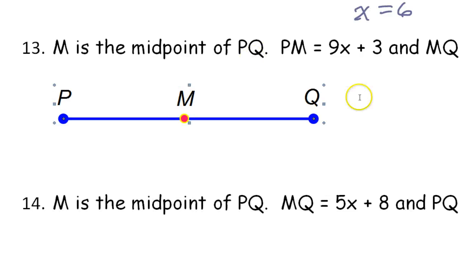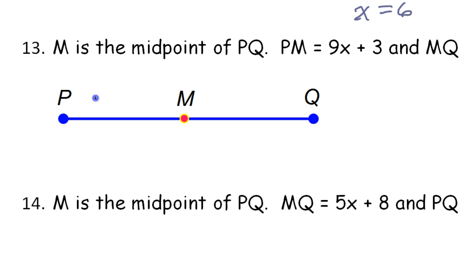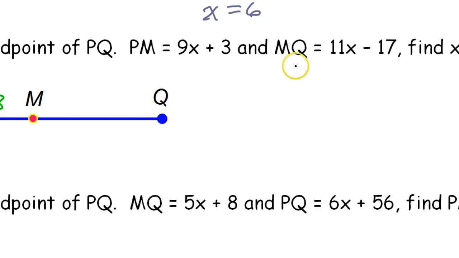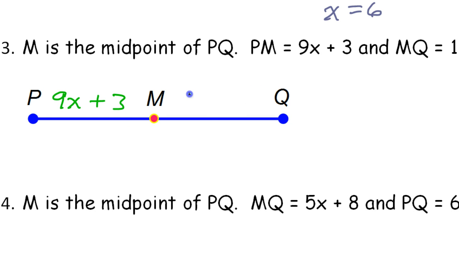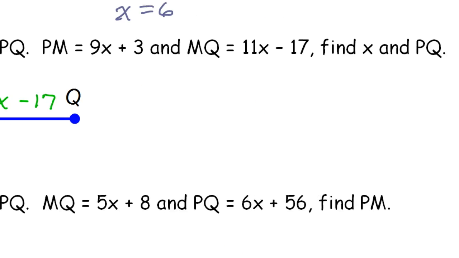Alright, PM is 9x plus 3. MQ is 11x minus 17. Find x and PQ.